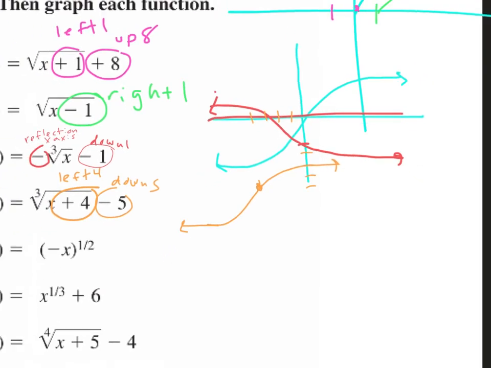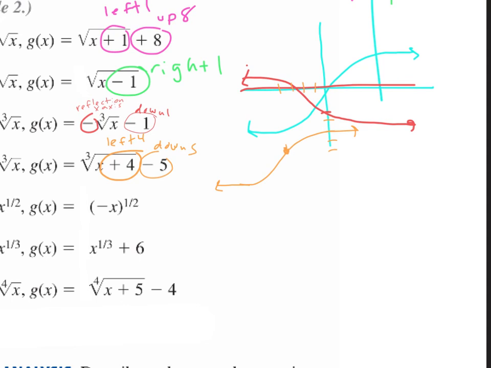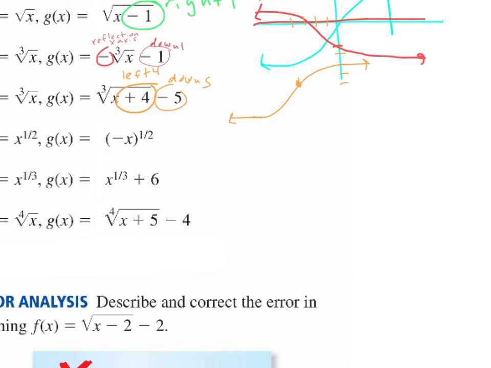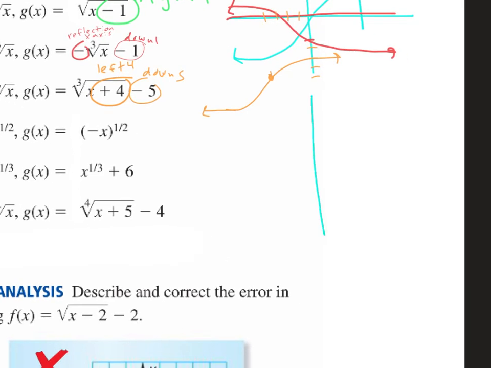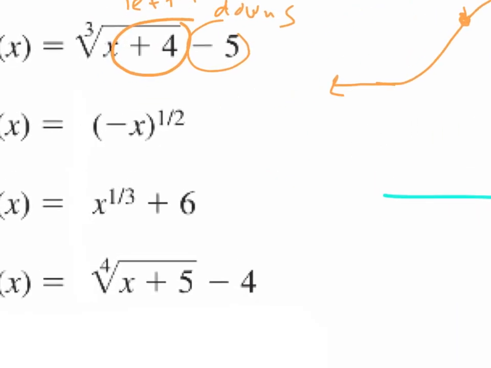Any questions so far? Alright, almost done. So next we have the square root graph. Our square root parent function goes this way. So if we have a negative x to the 1/2 power, what transformation happens with a negative being multiplied on the inside?